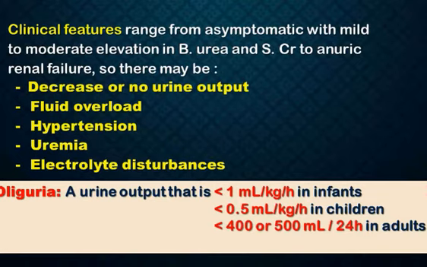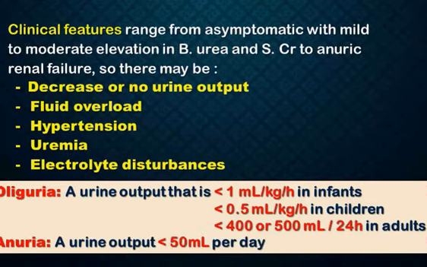So the definition is according to age group. There is no one definition for oliguria. While anuria is when the urine output is less than 50 ml per day, regardless of the age group. This is the oliguria and this is the anuria. You have to know it, you have to keep it in your mind.